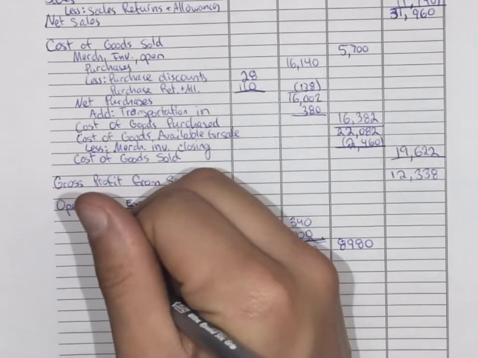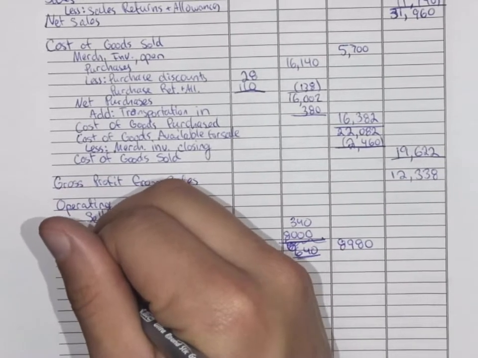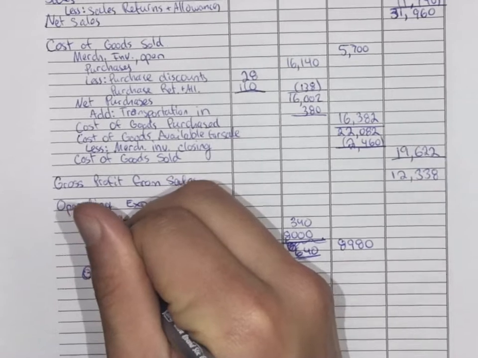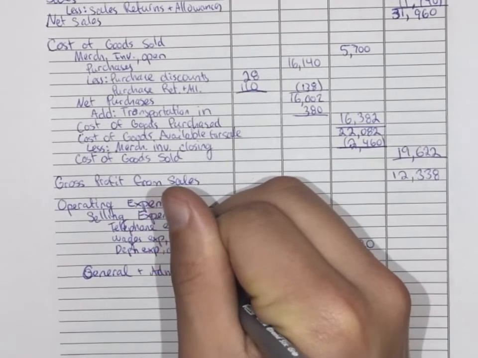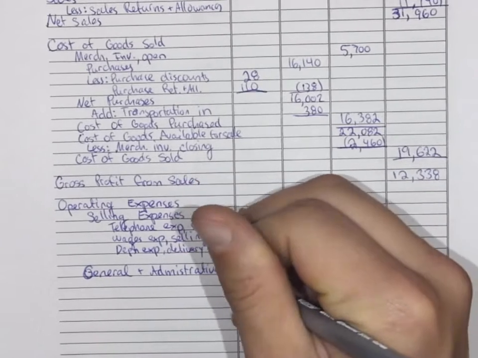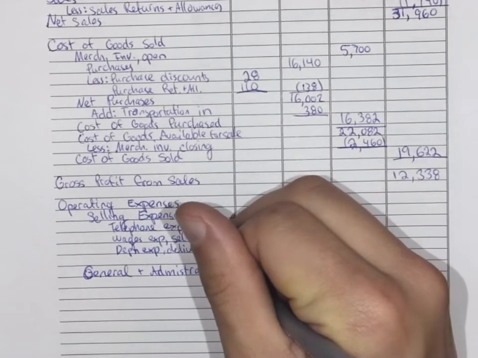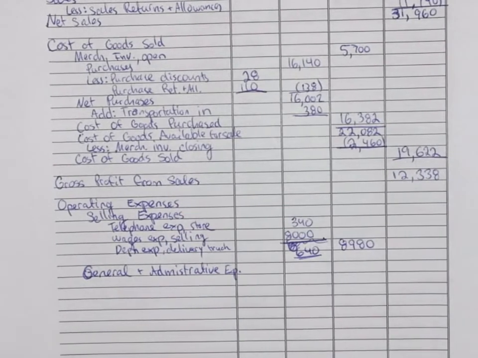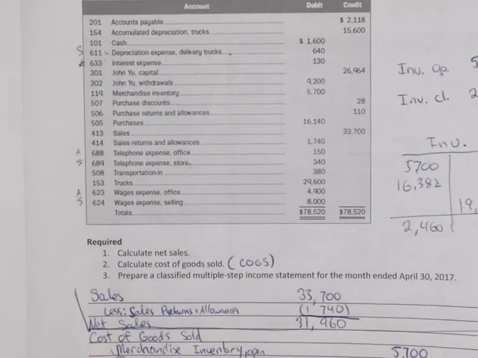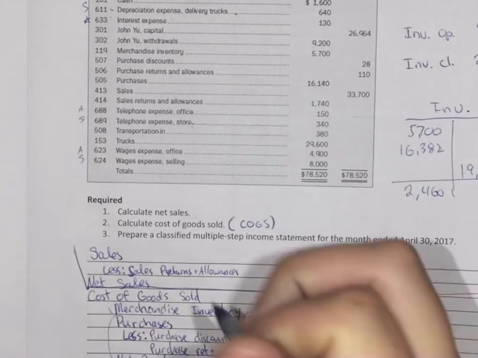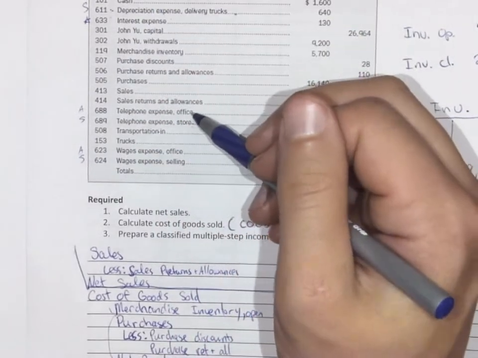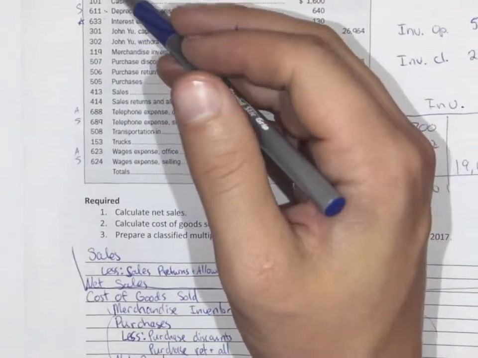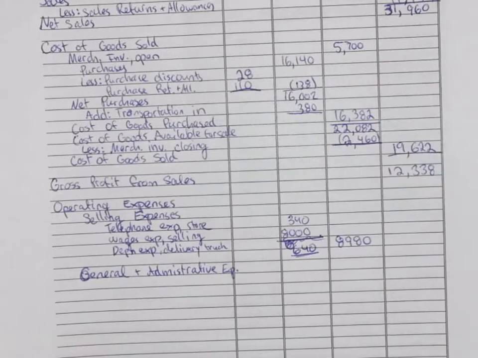And then we have our general and administrative. And we have two: our telephone and our wages. And I don't see any others. Interest, did you say?